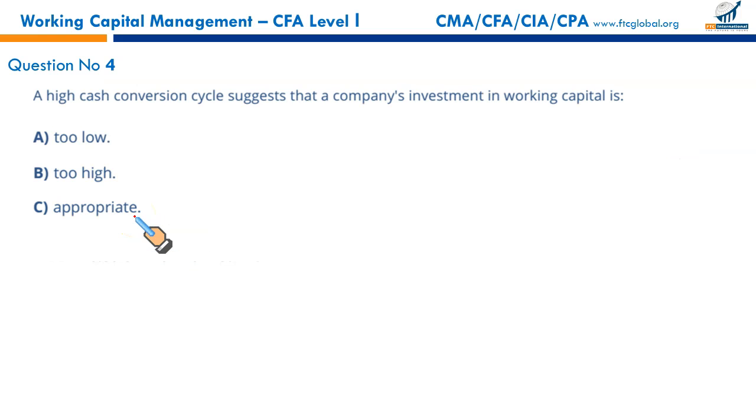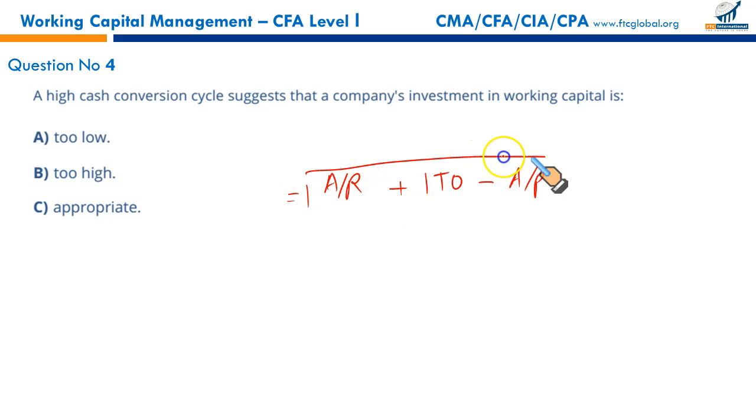B it is. A high cash conversion cycle. What is cash conversion cycle? We just discussed. Cash conversion cycle is your account receivable turnover in days, plus your inventory turnover in days, minus your accounts payable turnover in days. This is called your cash conversion cycle.